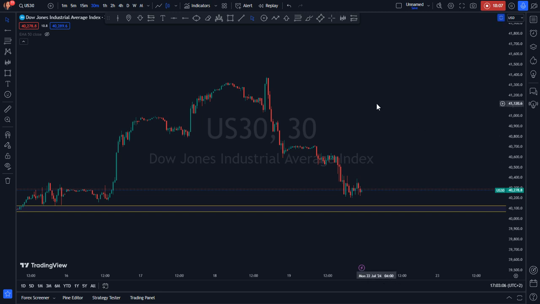So how are we going to enter this, because it has been forming the lower low, lower high, lower low, lower high, and then now it has created the lower low.